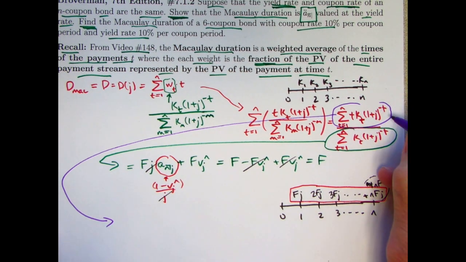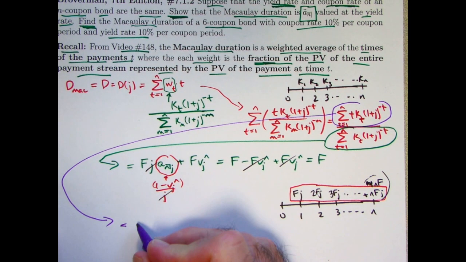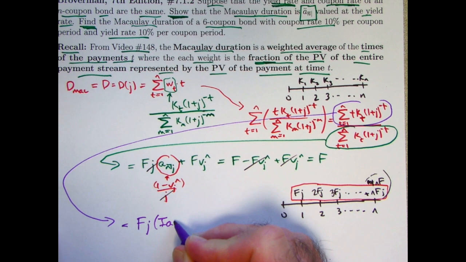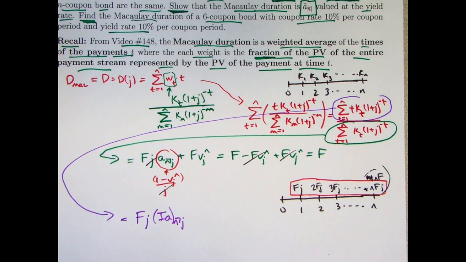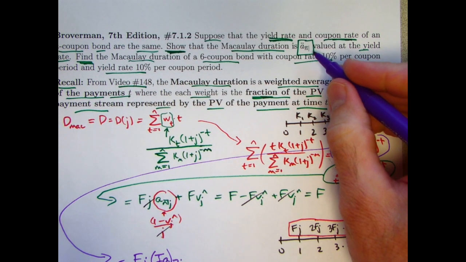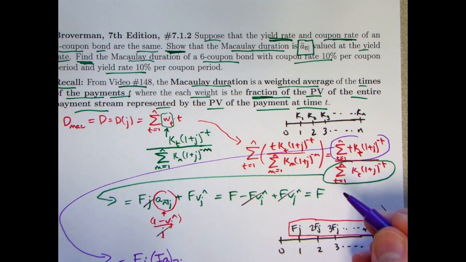So, thinking about the formula for the present value of this, that would be f times j times (Ia) angle n at j. And maybe now you see where this is heading. If you happen to remember the formula for Ia, the present value of a basic increasing annuity, you know that it involves a double dot, the present value of a basic annuity due.